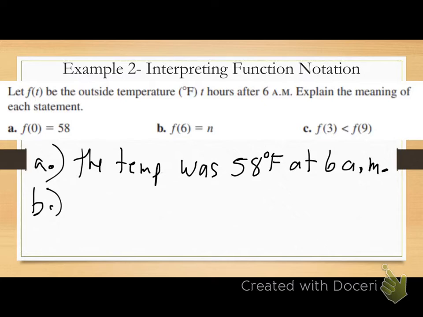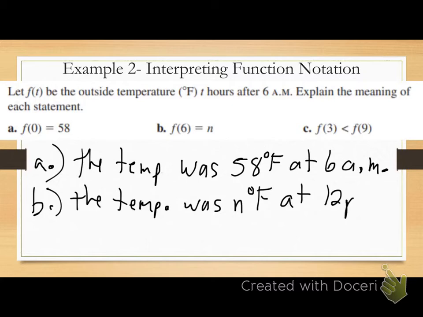So, the temperature was in degrees Fahrenheit at 6 hours after 6 a.m. So it's 6 hours after 6 a.m.? 12 p.m. Questions on B? It was in degrees Fahrenheit outside at 12 p.m.